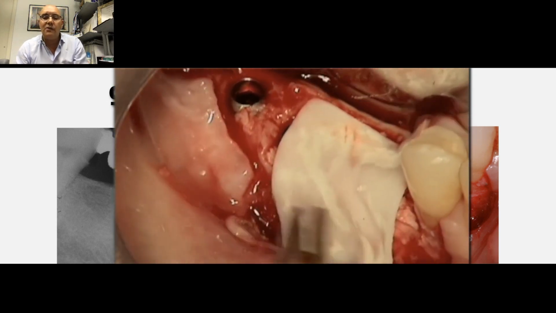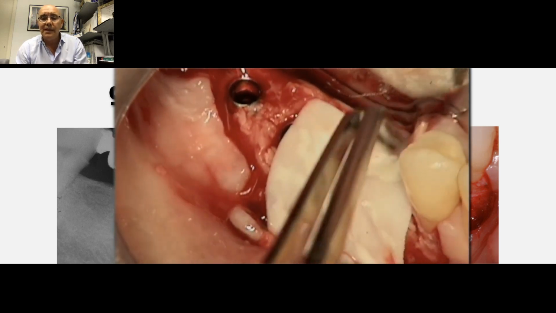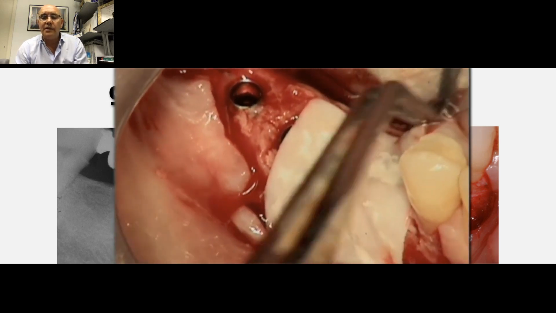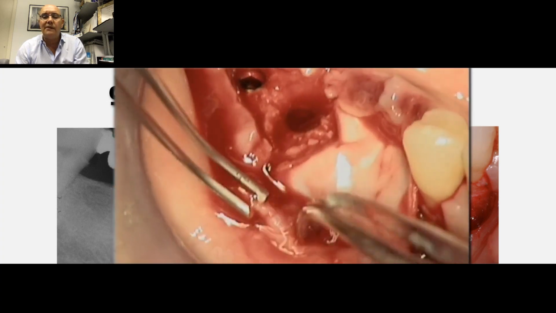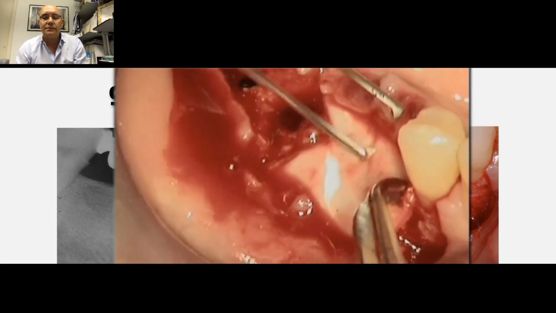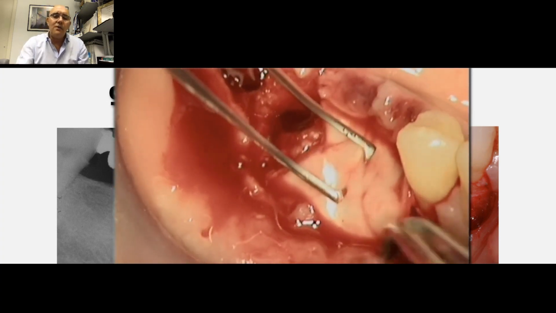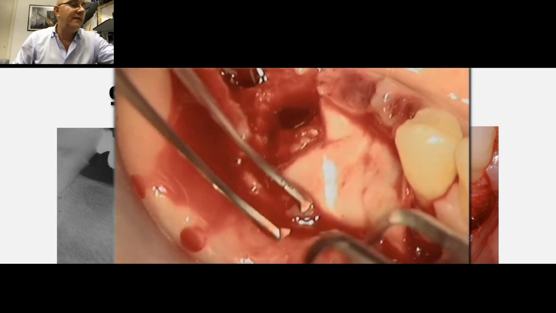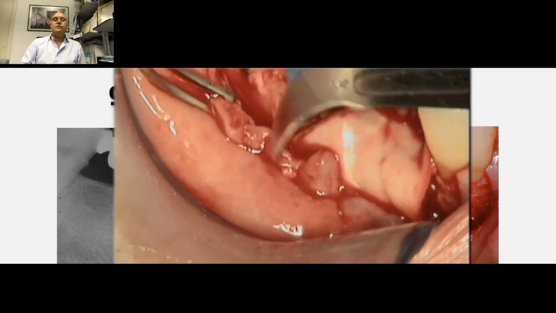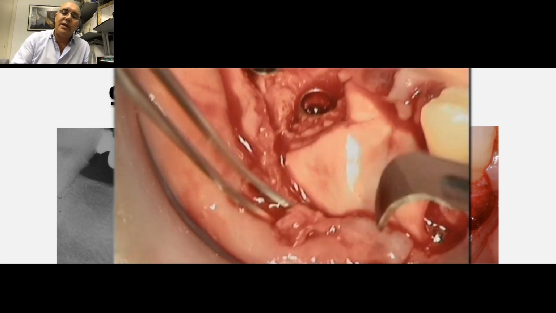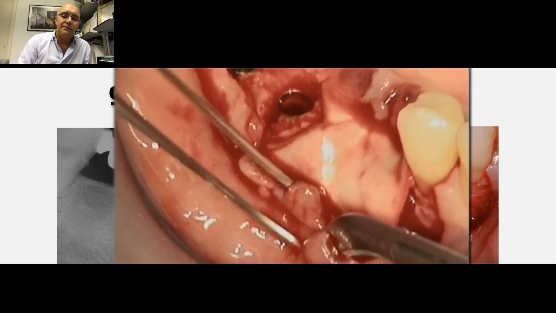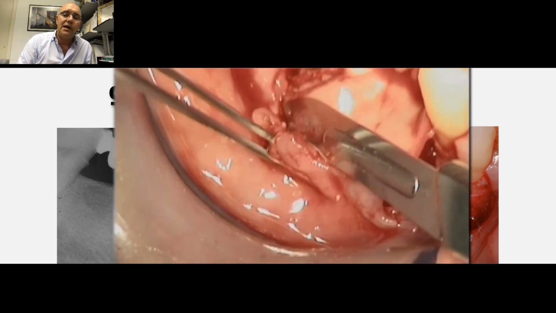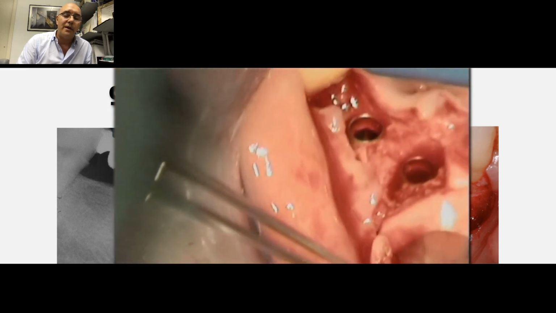So this is the resorbable membrane that is placed on top of our system to cover up and to stabilize everything. And now we will do a split thickness flap in order to accommodate and bring the soft tissue up and to close the whole system before we are ready to actually place the temporary crowns.